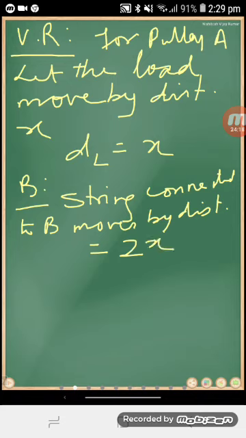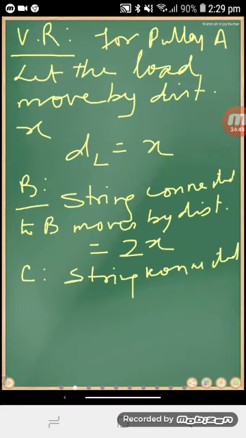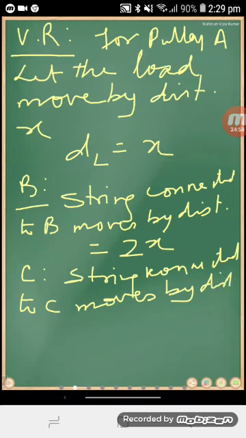Similarly, for pulley C, the string attached to pulley C will be moving through the distance twice that of pulley B, and this will be equal to 2 into 2x.